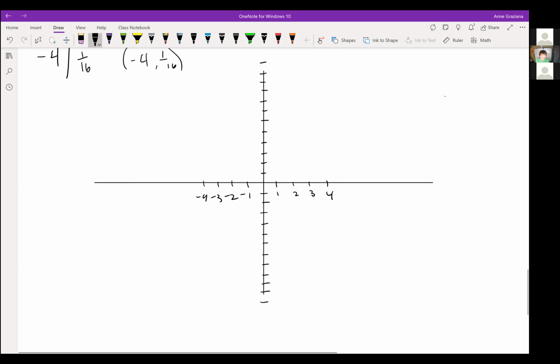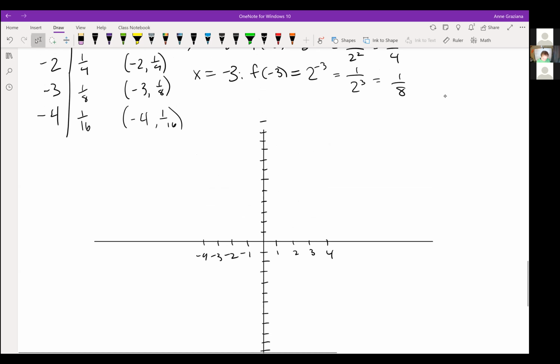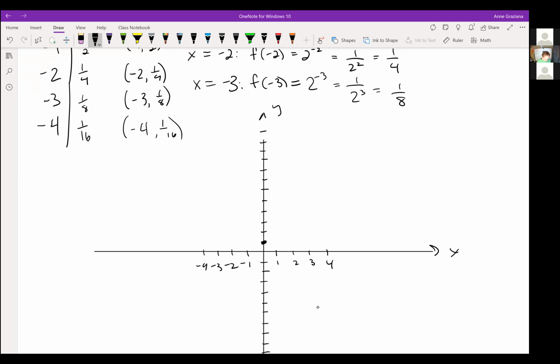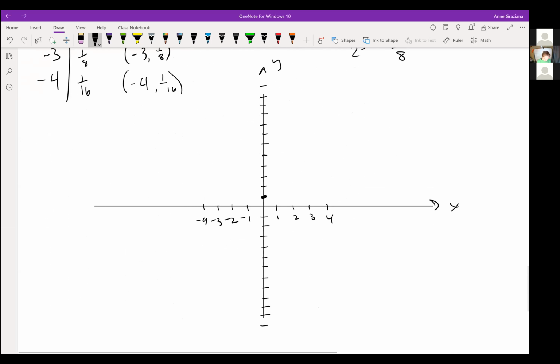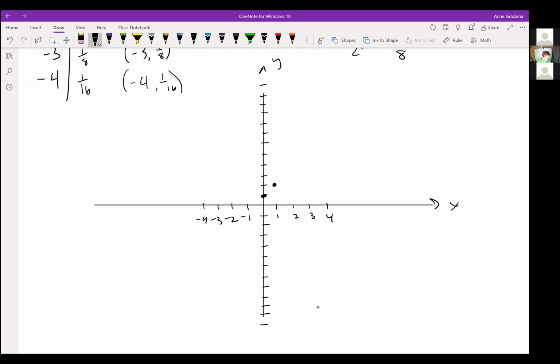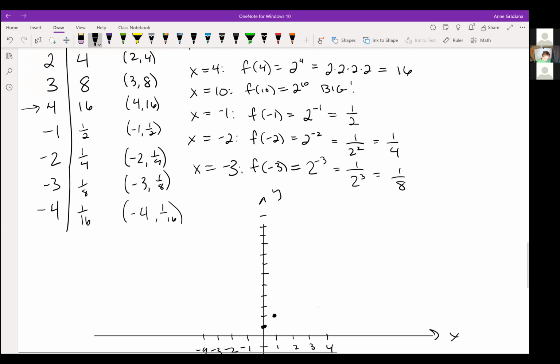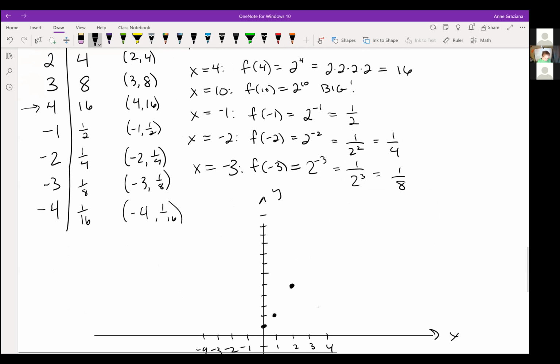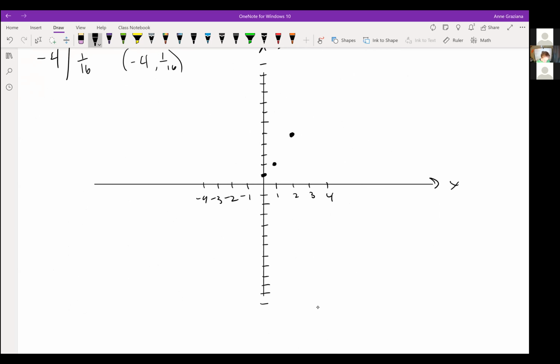All right, so let's just see what happens using these points. So 0, 1, that's easy here. 1, 2, so over 1 up 2. 2, 4, so over 2 up 4. And then 3, 8.